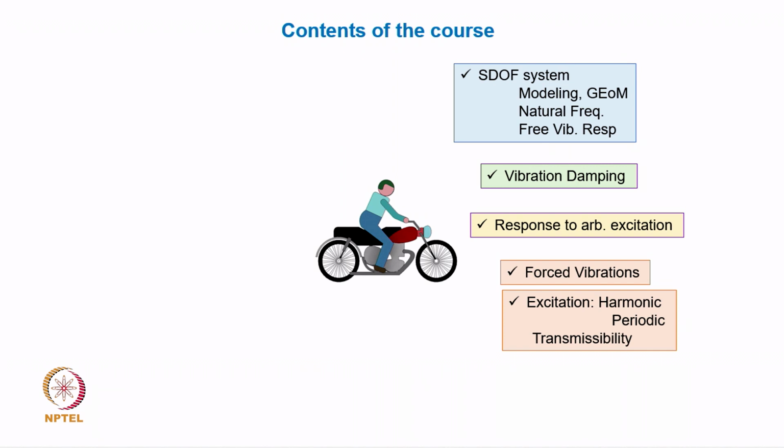So, in that we studied two different kinds of excitations: harmonic excitation, which is quite prevalent given the mechanical system being subjected to unbalanced excitation, because there are always rotating elements in the system. So, we extensively analyzed the response to different ways of harmonic excitation.